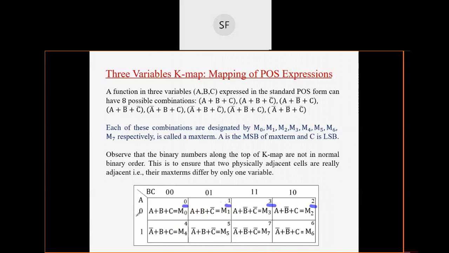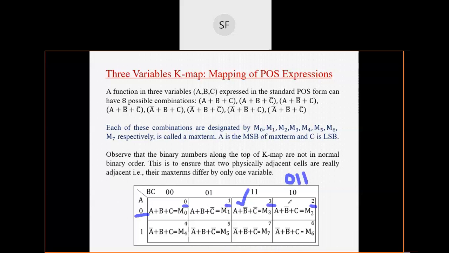You have to observe the corresponding value of variable a. So let's say I want to find out how I have given the value 3 here. So for 3, for this cell, the value of a is 0, and the value of bc, you can observe, for bc it is 1 1. So 0 1 1 becomes 3.